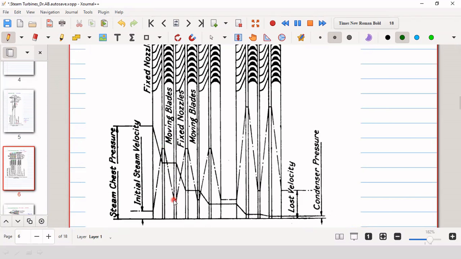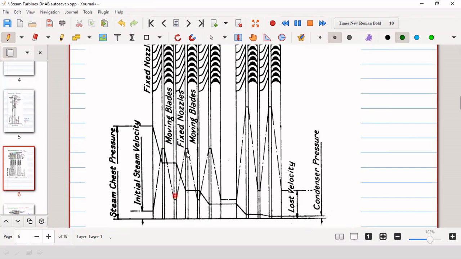So the fraction of the kinetic energy that is available for utilization in the nozzle of the succeeding stage is called the carryover coefficient.